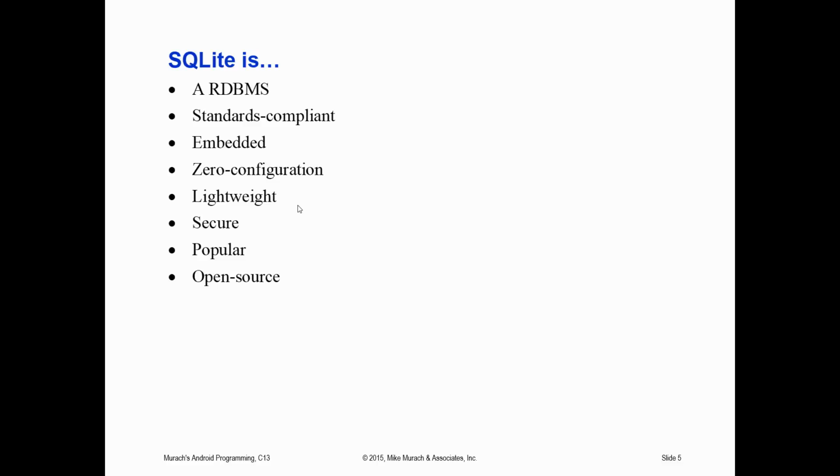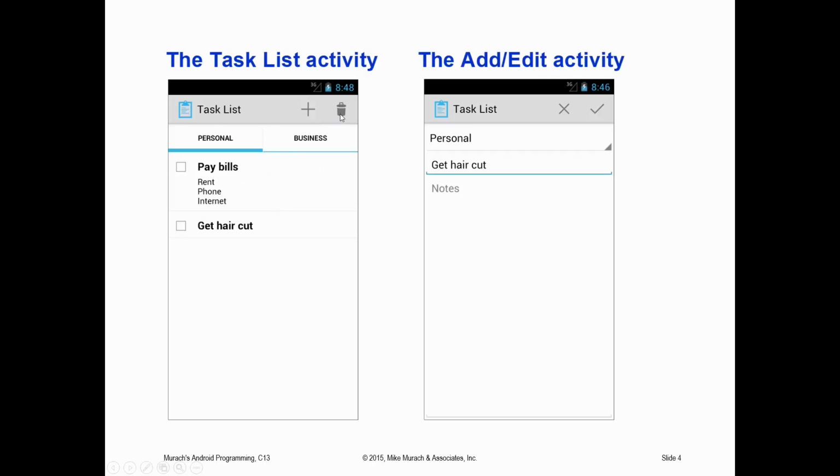Each task will have a name and a place where you can optionally put some notes in. Again, we'll have 2 tabs for the list, a personal tab and a business tab. You can mark a task completed by selecting a checkbox. You can remove tasks by using the little trash can that's right there. You could add a task by clicking the plus bar that's there. You could edit a task by clicking on the task in the task list activity and making whatever changes you want.